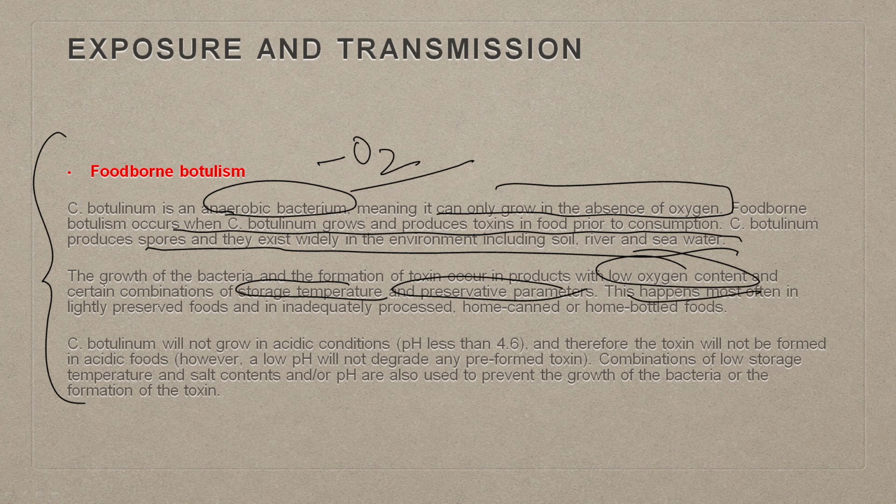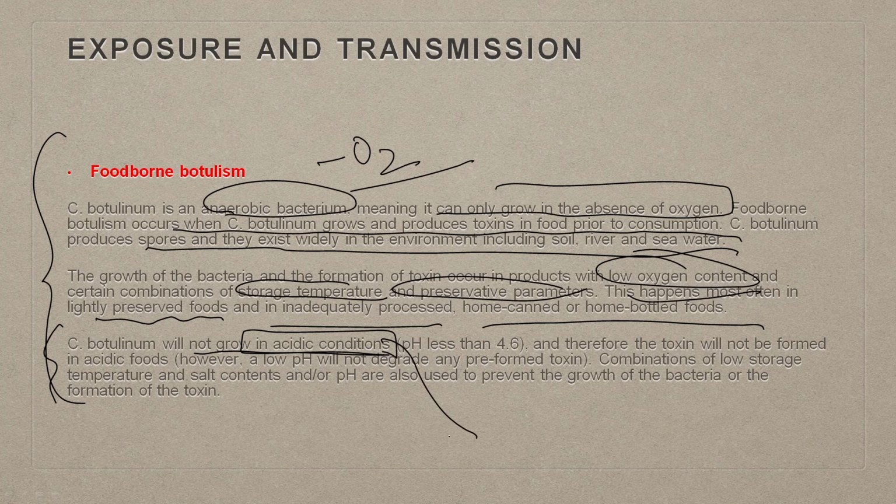This happens most often in lightly preserved food and inadequately processed home canned or home bottled foods. Clostridium botulinum will not grow in acidic conditions. So that means you won't find them in the acidic part of your GI tract, at pH less than 4.6.